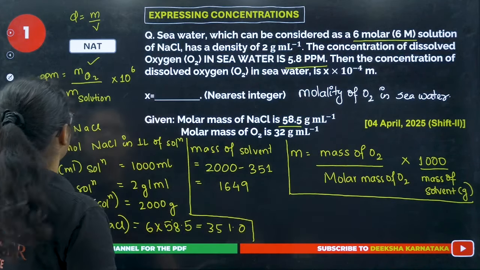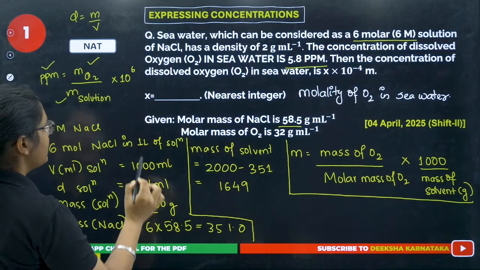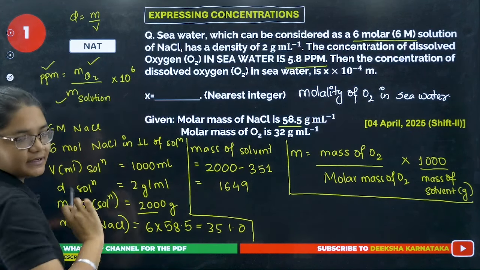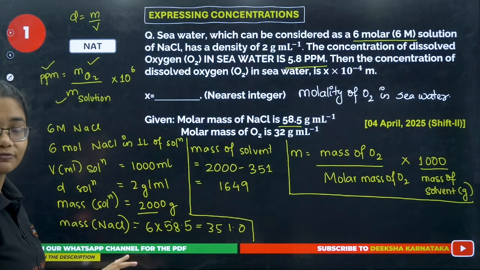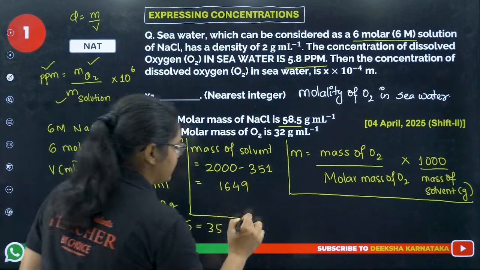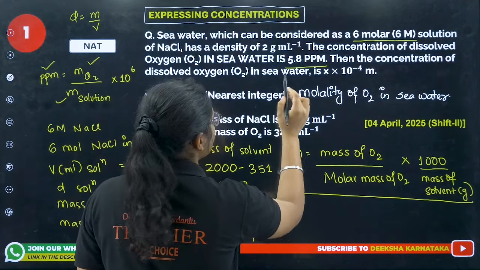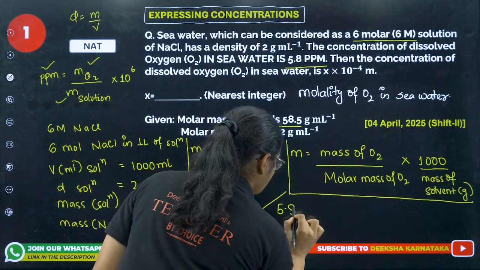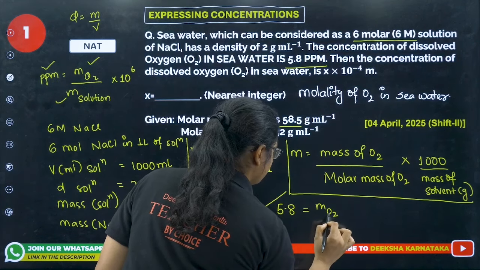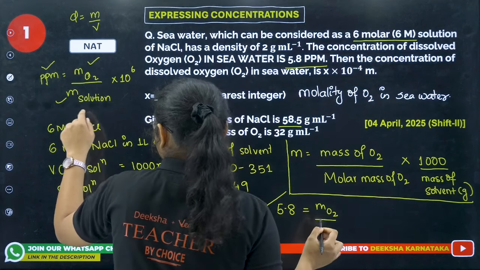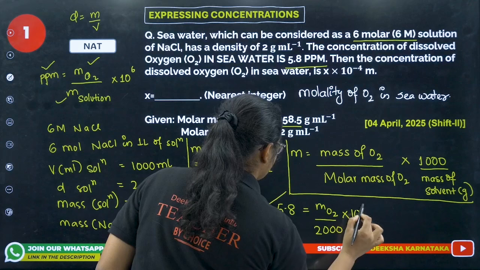Okay, so now can I substitute here? ppm data is there, mass of the solution I got, and 10 to the power of 6. So can I calculate mass of oxygen first? So let's do that. I want all of you to copy down this one, or let me solve it here. What is the mass of oxygen? So ppm is how much? 5.8 ppm is equal to mass of oxygen, which I have to calculate, over mass of the solution 2000 into 10 to the power of 6.